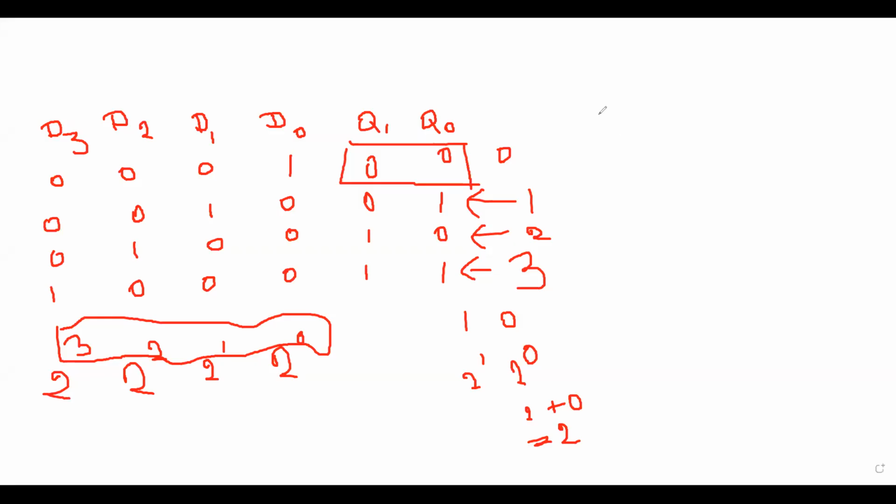Now, I am going to write the expression for Q0 and Q1. First, Q1. When we get 1 for Q1, here D3 is 1 and D2 is 1. So, I'll write D2 plus D3.